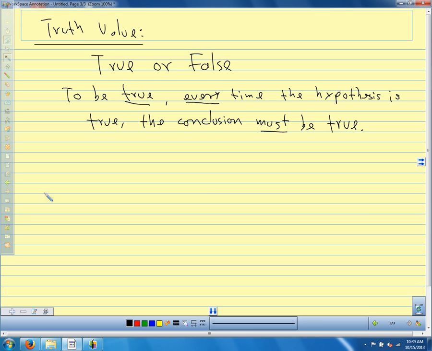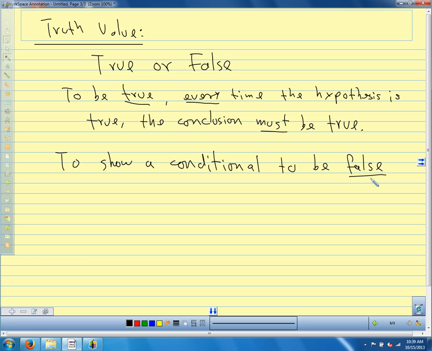To show that a conditional is false, what do you think would show a conditional to be false? The conclusion isn't true and the hypothesis is true.